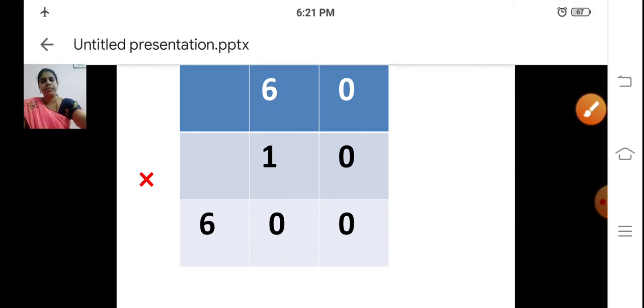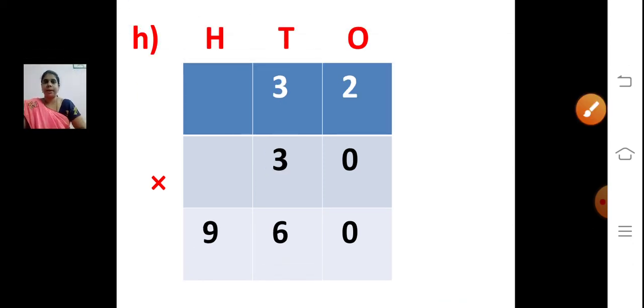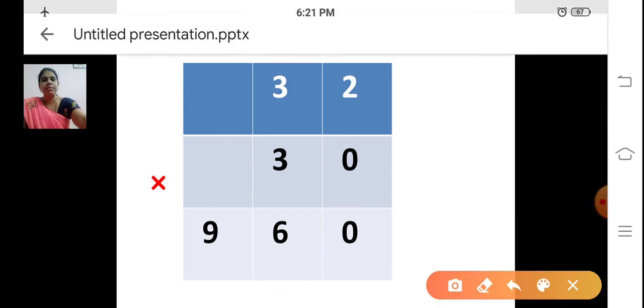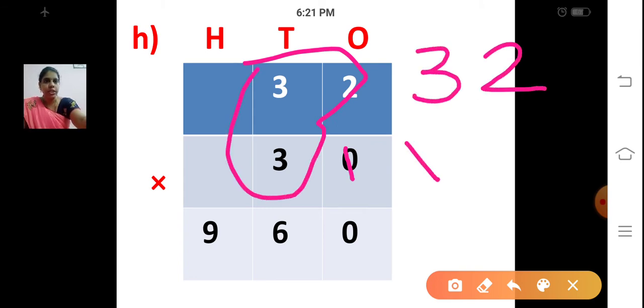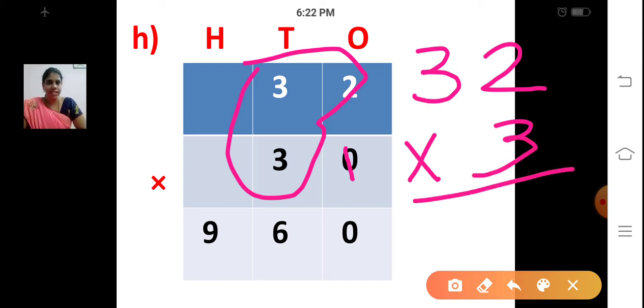Now, for the next sum, we are going to multiply 32 into 30. Same way, if 0 comes at the last, what you have to do? Just ignore the 0. Remaining numbers we are going to multiply. So we are going to multiply 32 into 3. Now you multiply and tell me the answer. So what is the first step?